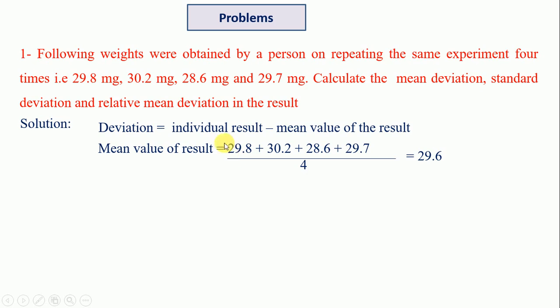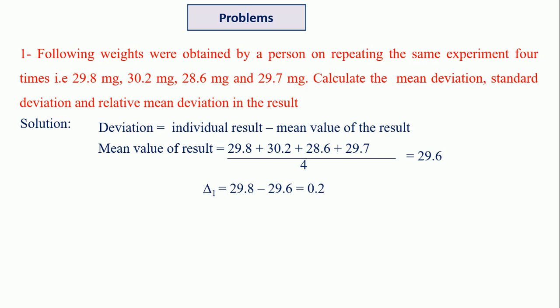Now we have the individual values and we have the mean value. Now put this mean value here and subtract the individual values, and we will get the deviations. For the first value the deviation is delta 1, for the second it is delta 2, for the third delta 3 and for the fourth delta 4. These are the deviations. Now see delta 1.